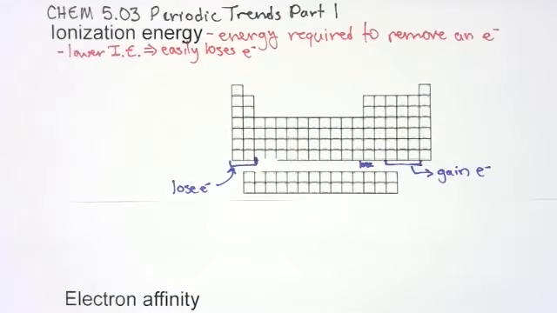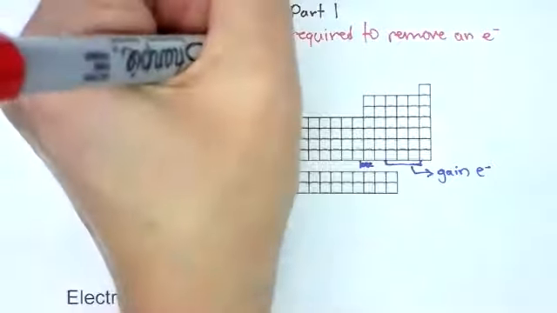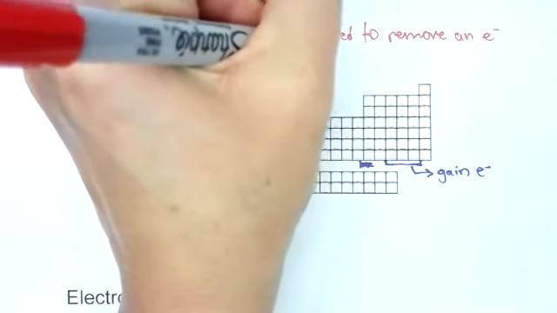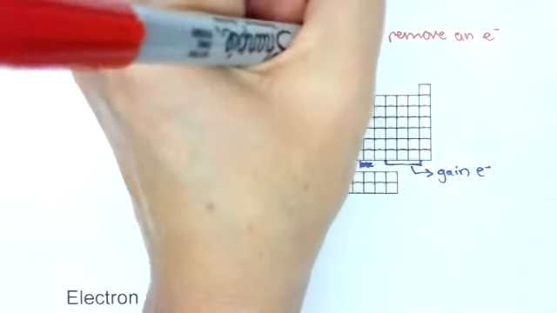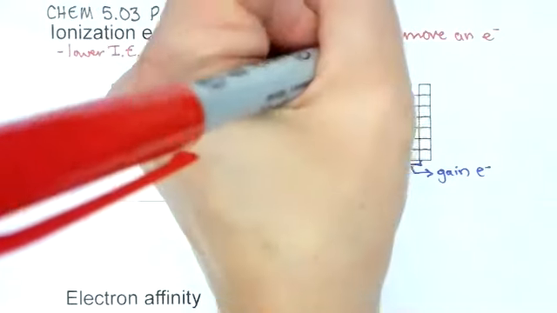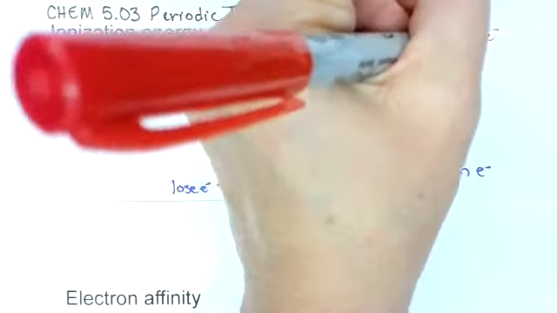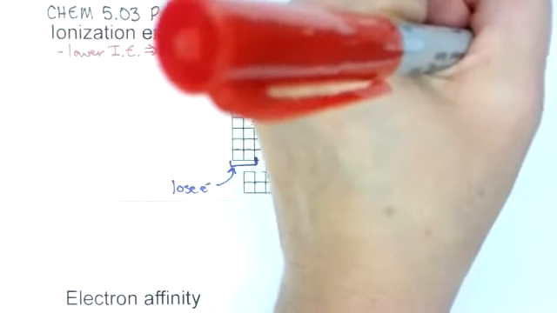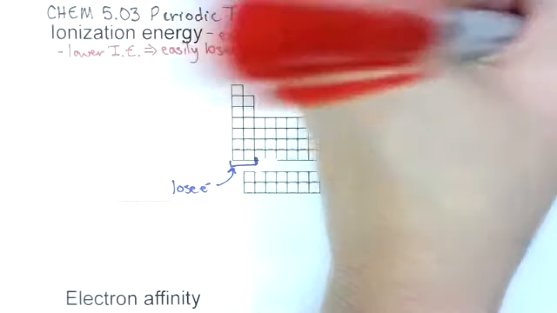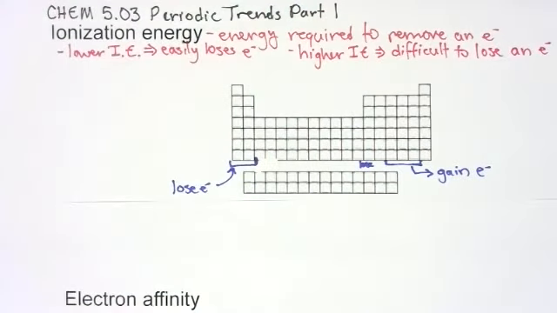If you have a higher ionization energy, you really hang on to your electrons. So with higher ionization energy, it's very difficult to lose an electron. And we have to talk about the trends both from side to side and from top to bottom.